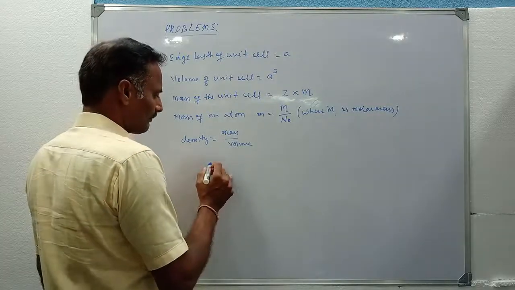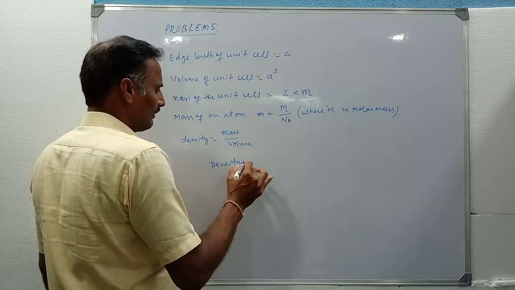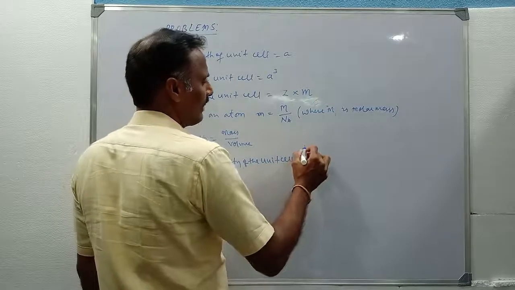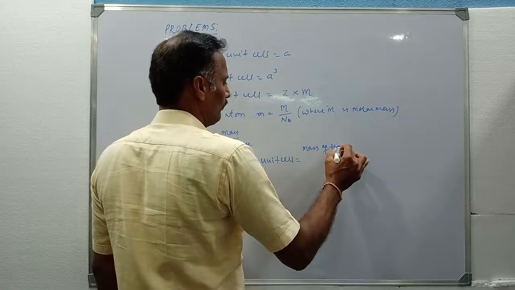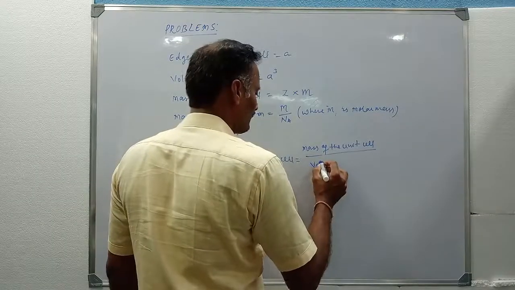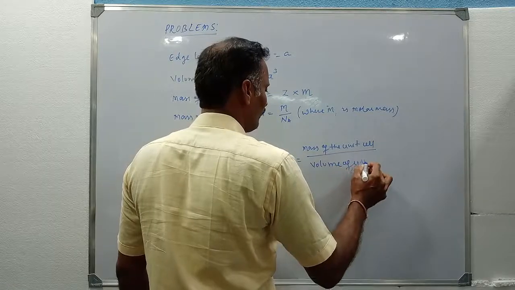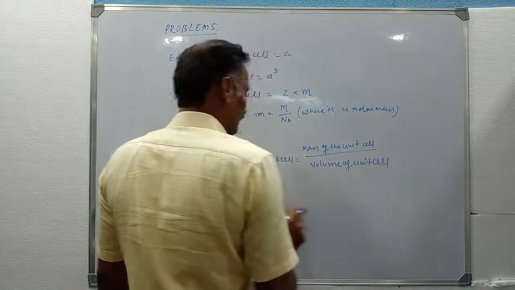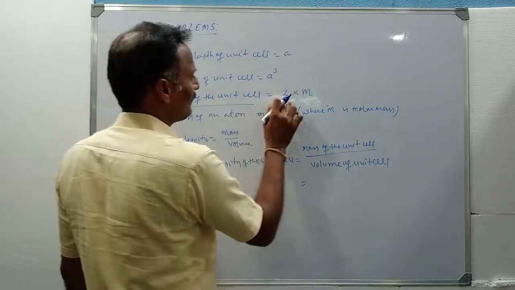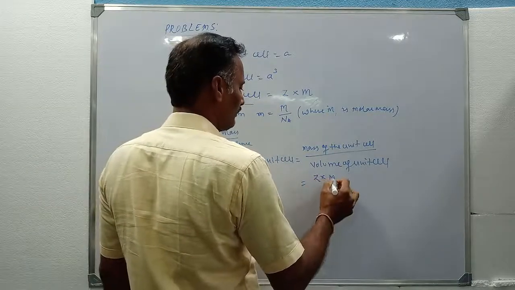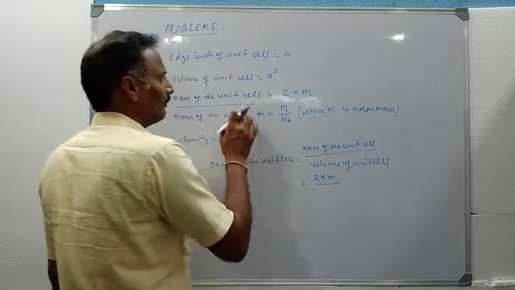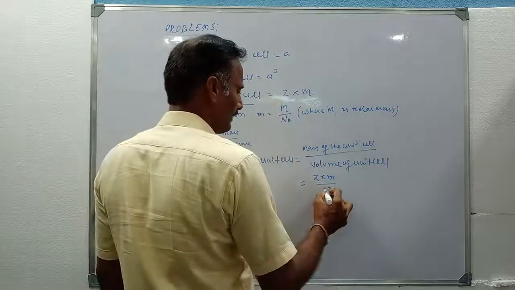Then density of the unit cell is equal to mass of the unit cell divided by volume of the unit cell. Mass of the unit cell is Z into small m, divided by the volume of the unit cell, which is a cube.